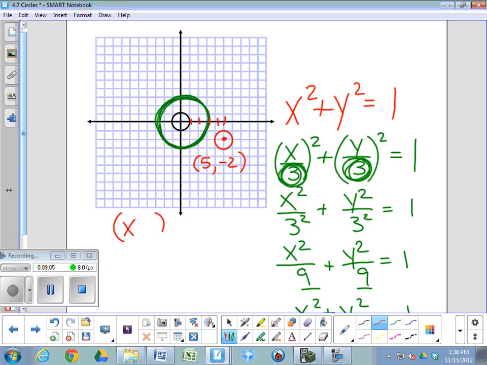Instead of x squared plus y squared equaling 1, we have to put in some translations. To make it go right 5, you do -5 in there. To make it go down 2, you put a +2 in there.